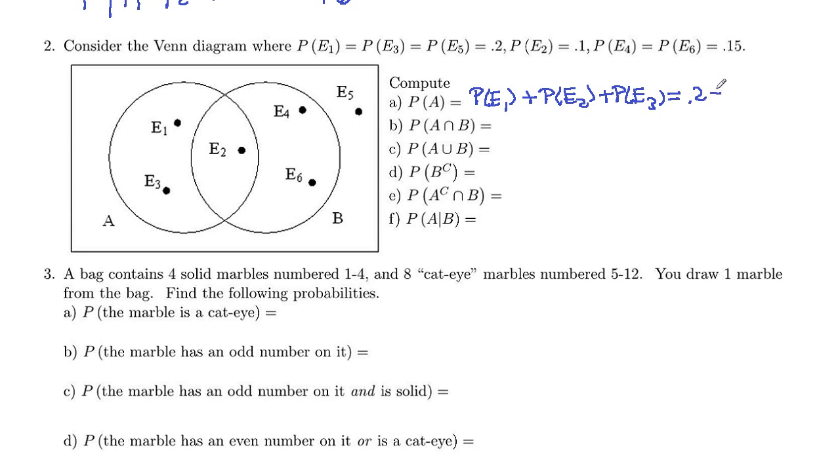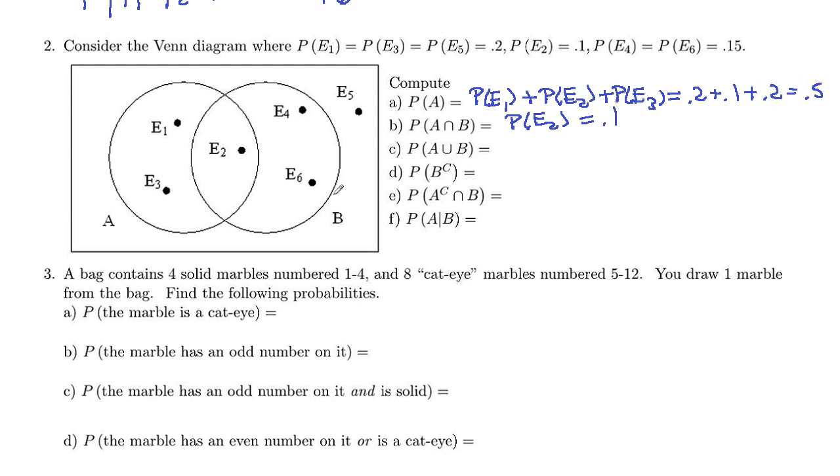So 0.2 plus 0.1 plus 0.2, which makes 0.5. Probability of A intersect B, so the overlap or intersection of A and B only includes one sample point, E2. So this is just probability of E2, which is 0.1.